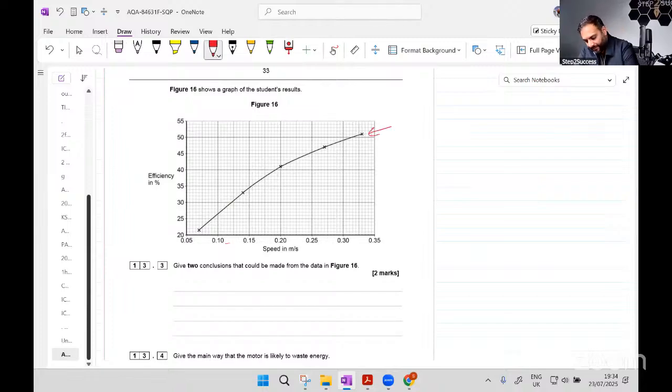You see that it's not going in a straight line. It's kind of curving downwards slightly, so it will reach a limit. And that limit is going to be 100% because efficiency can't be more than 100%. But the easy mark is just to say that as speed increases, efficiency increases.